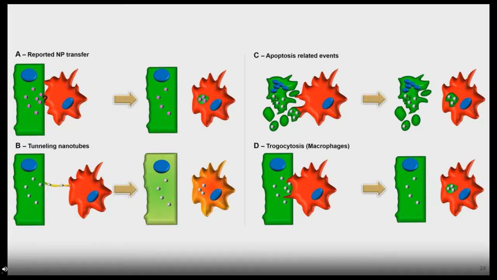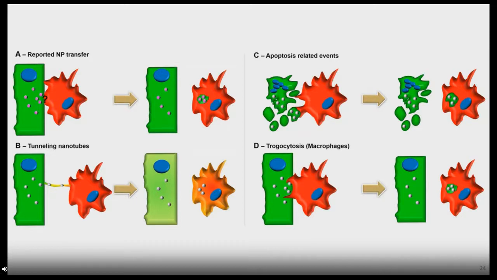So the identification of this mechanism is the topic of further studies, but it is still very interesting because it seems you have mechanisms that were not expected for nanoparticles.